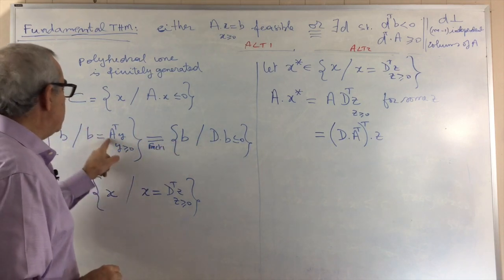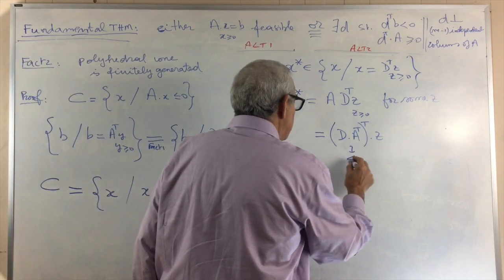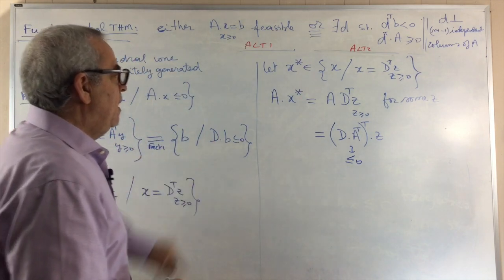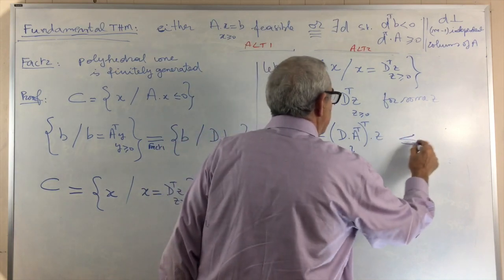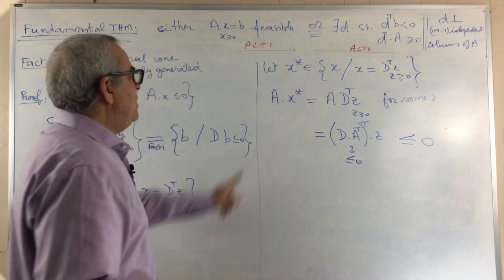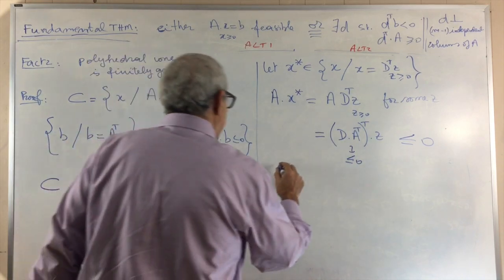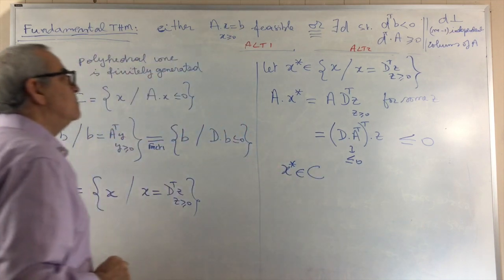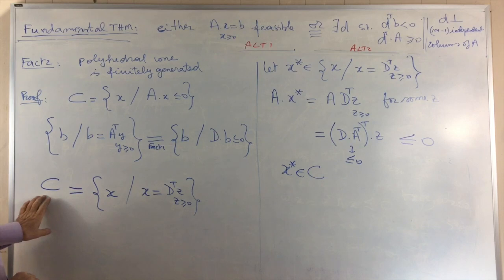So D times A transpose is less or equal to 0, because that's how the cone is defined. And you multiply by Z greater or equal to 0, so the whole thing is less or equal to 0. So here I showed that A X star is less or equal to 0, and therefore X star belongs to C. So this set is contained in this set.